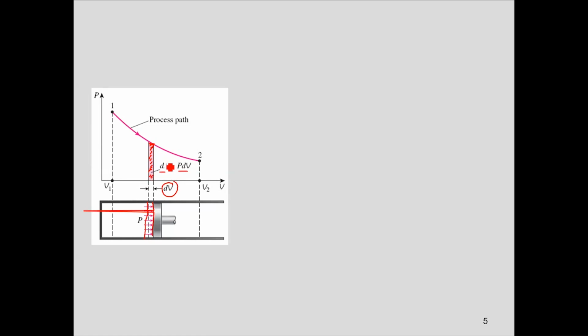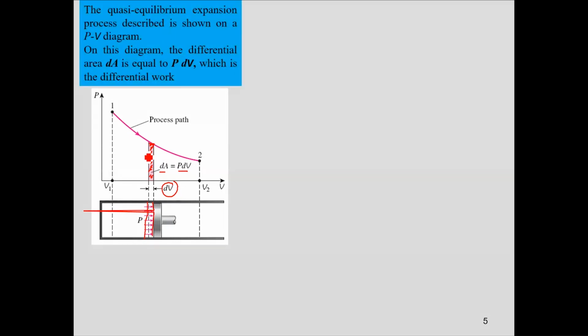So the differential area under the curve is the differential work done as the system moves from this state to this state. If I compute the total area under the curve, it would represent the total work done as your system moves from 1 to 2. So the total area under curve A is the integral from 1 to 2 of dA, which is nothing but the integral of P dV from 1 to 2.